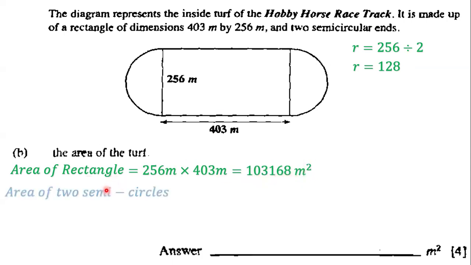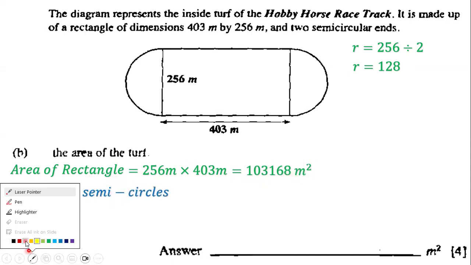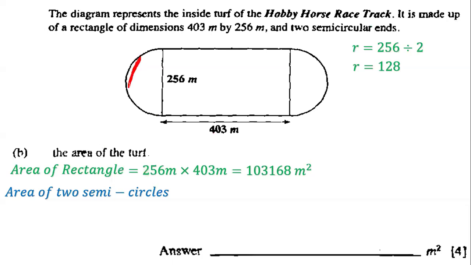Now we need to calculate the area of the two semicircles. It's important to note that this is one semicircle right there, and this is another semicircle right there. If you have two semicircles, that's essentially one complete circle.